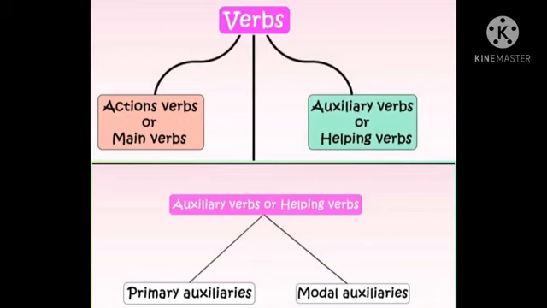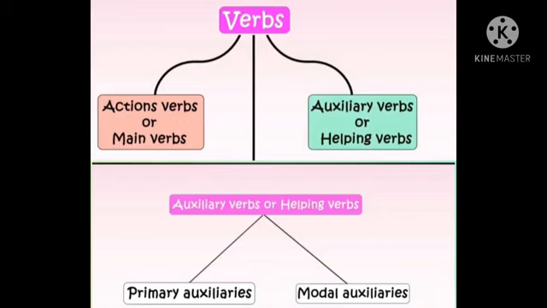Then we have the auxiliary verbs or the helping verbs. These are the words which in association with main verbs provide a unique sense and identity or a tense to a sentence. For example, the child is playing with his toys. There we can see two verbs.